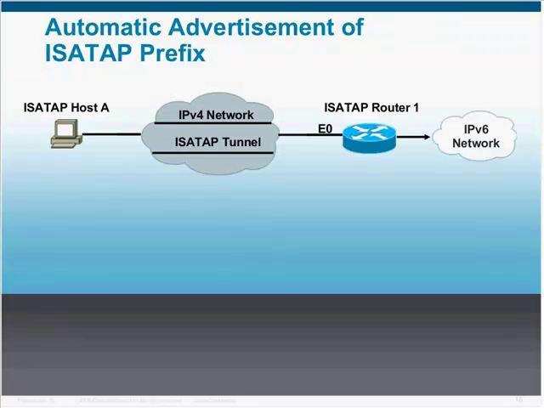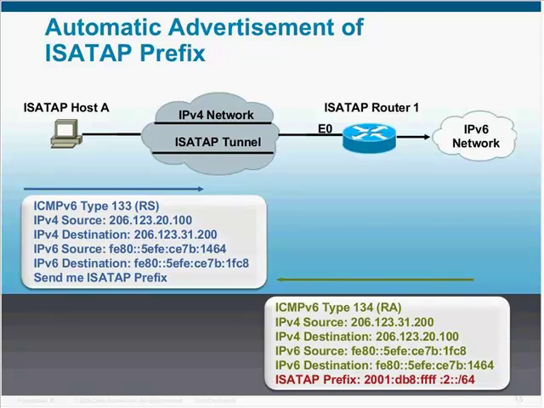So let's look at a real example of ISATAP and how it all works. In a normal stateless auto-configuration scenario in IPv6, the host would send a router solicitation message to find out if there is an active router on that subnet, and the router would respond with a router advertisement message, letting the host know that there is an active router on this subnet.